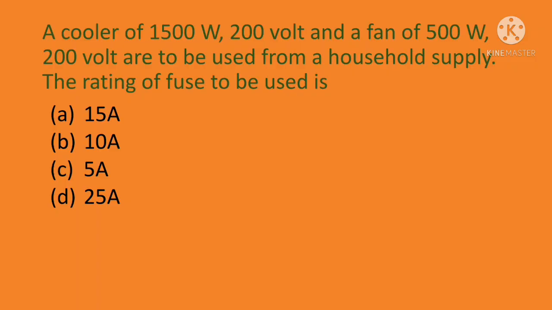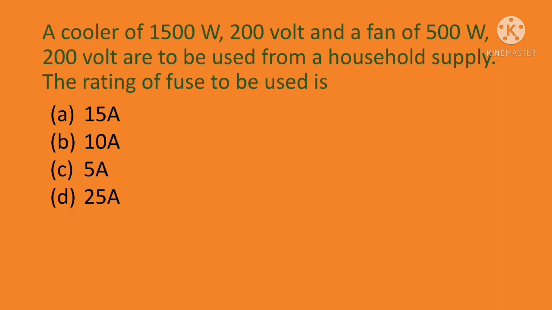Okay, the next question is like this: a cooler of 1500 watt power is given here. Understand, 200 volt means potential difference is given, and a fan of 500 watt, a second device which has a power of 500 watt, 200 volt, are to be used from a household supply.